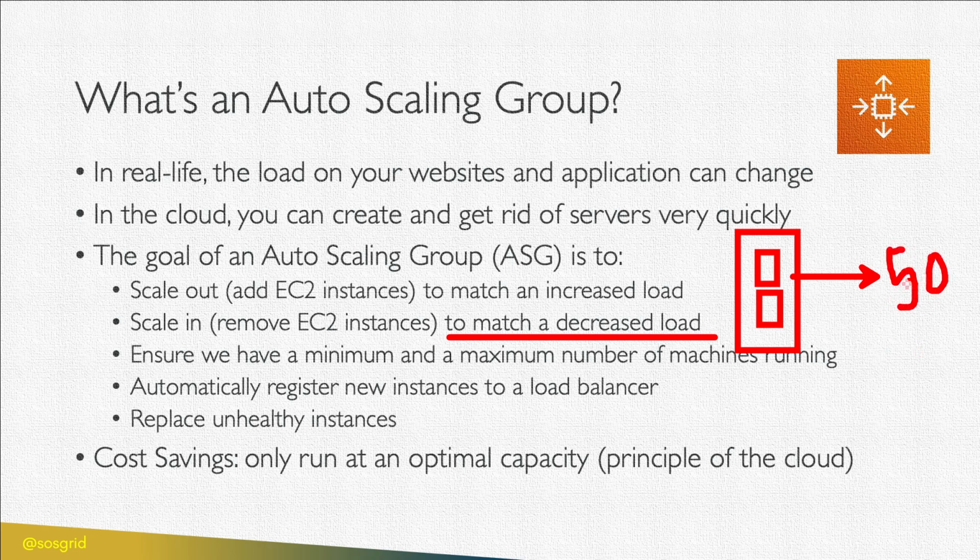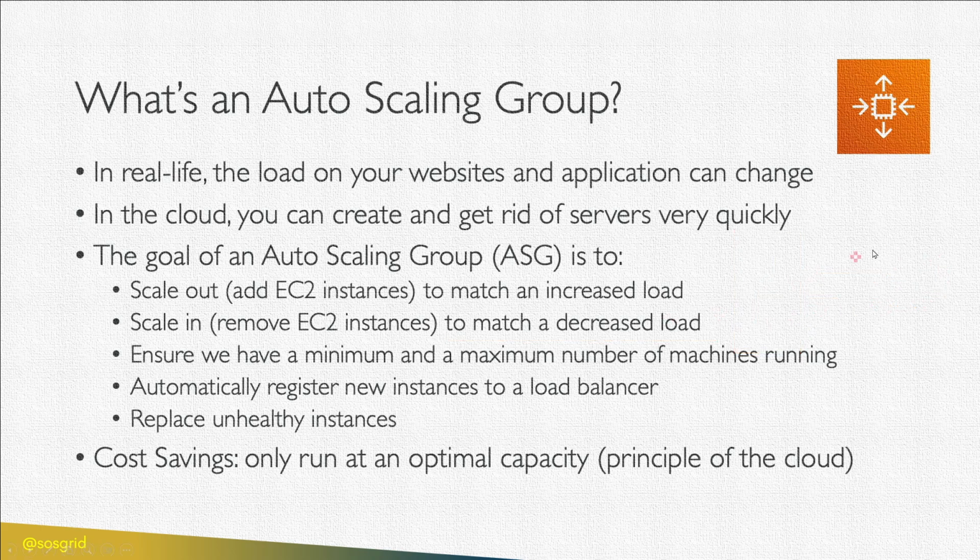If there are 20,000 people accessing your website, these 2 are enough. But once it increases to 70,000, then automatically another EC2 instance is created. Okay, that's what we mean by scale out. But once it reduces, it is called scaling in. Scale out means it expands, it increases the EC2 instances.